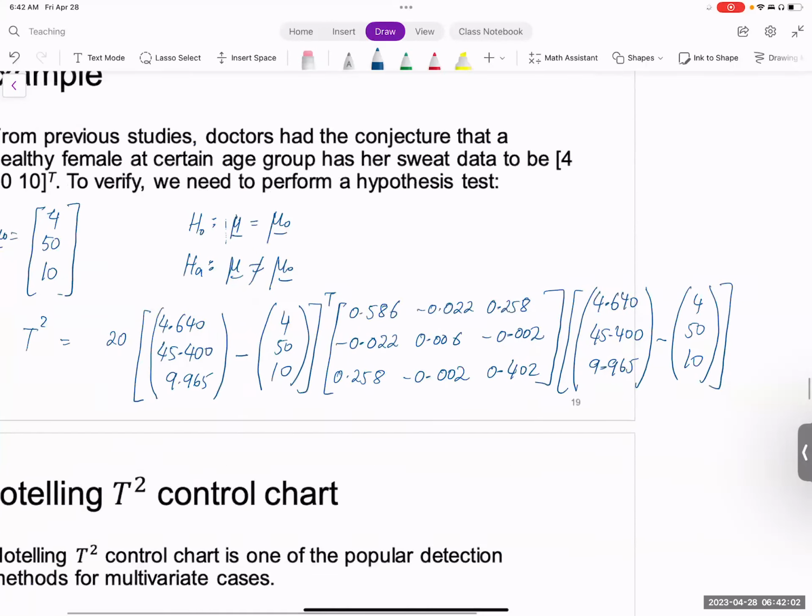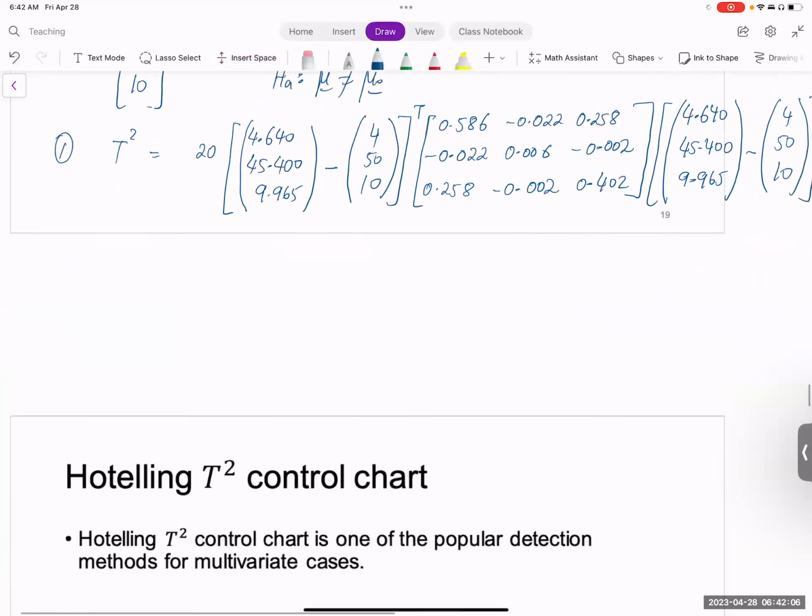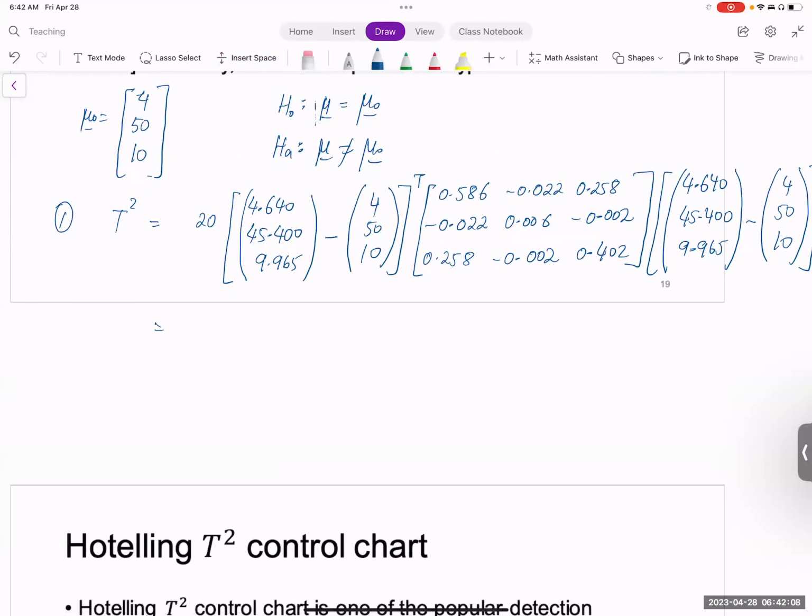Now, once you compute this giant matrix computation, you will get 9.74. Second step is to compute T square critical at some alpha value. Let's take alpha as 0.05 in this case.